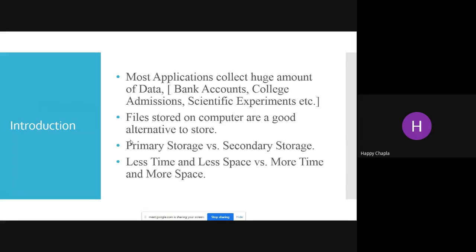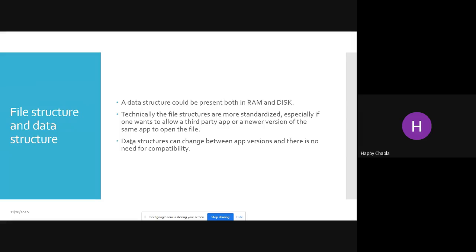So we need to define a data structure that will give us an efficient result even in the worst case, so we need to take care while choosing that kind of data structure. Now a data structure could be present both in RAM as well as on the disk.